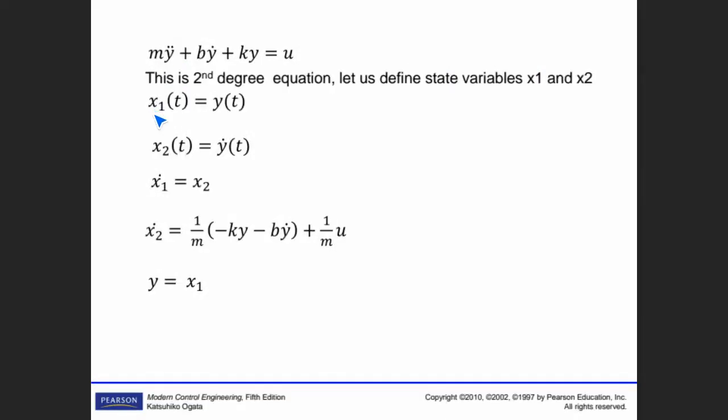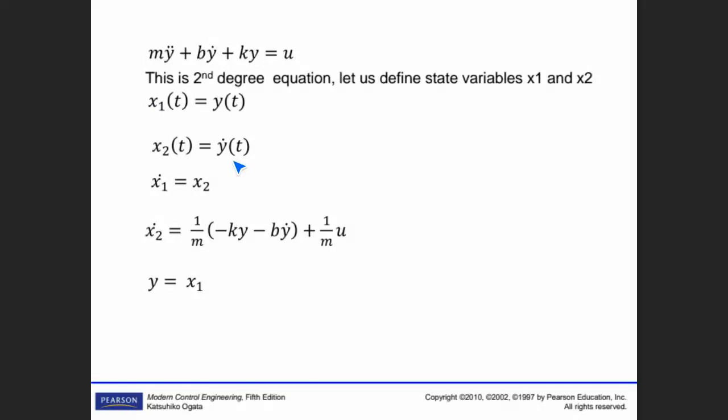X1 is equal to y. So we define y is equal to x1 as a time function, and x2 is y dot. These are definitions. As long as you define like this, x is a state variable.